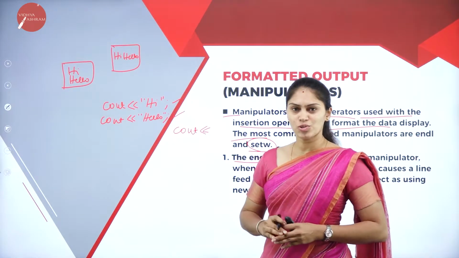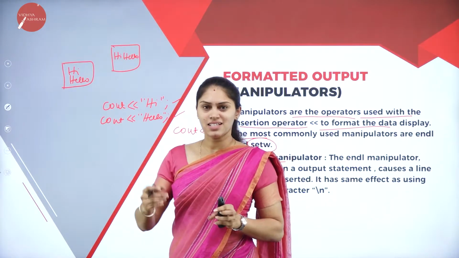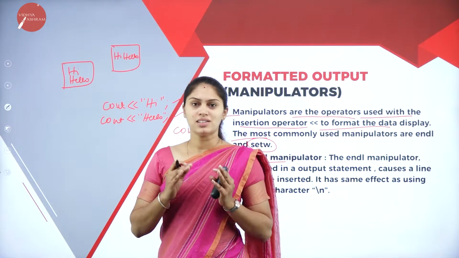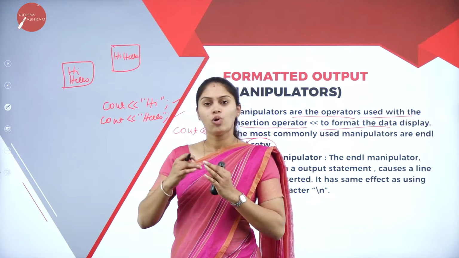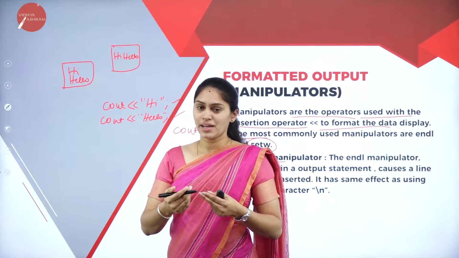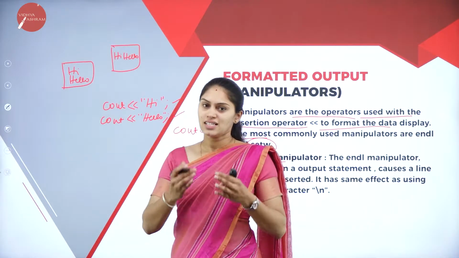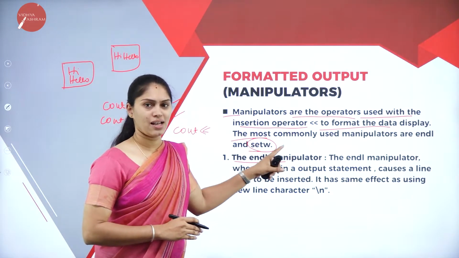How are we going to do that? With the help of the endl manipulator. Endl means end of the line manipulator. When you specify endl in the cout statement, whatever you take in the next cout statement will be displayed as a new line in the output screen. For that we use this endl manipulator.